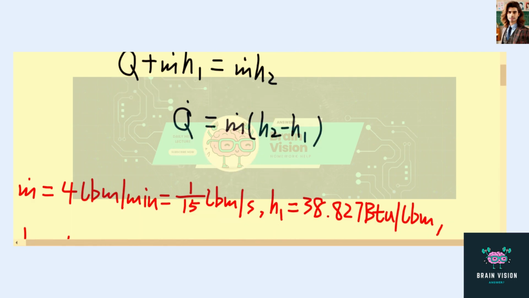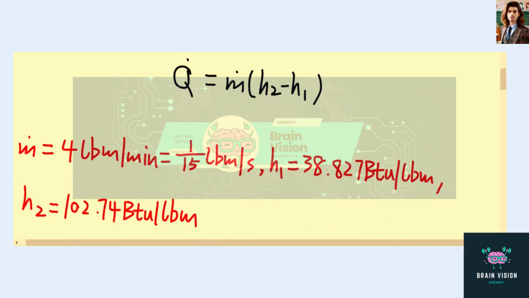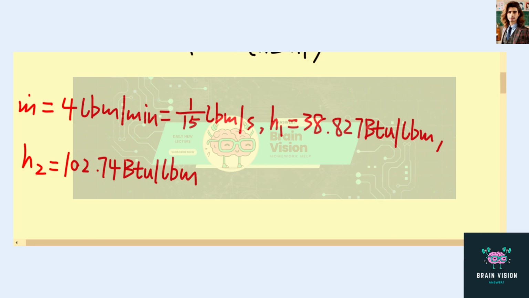We know the mass flow rate for the refrigerant 134A is given as 4 pound mass per minute, which is equal to 1/15 pound mass per second. The initial enthalpy is 38.827 British thermal units per pound mass, and the final enthalpy is 102.74 British thermal units per pound mass.